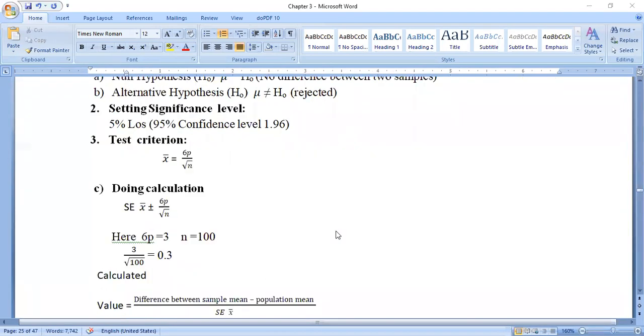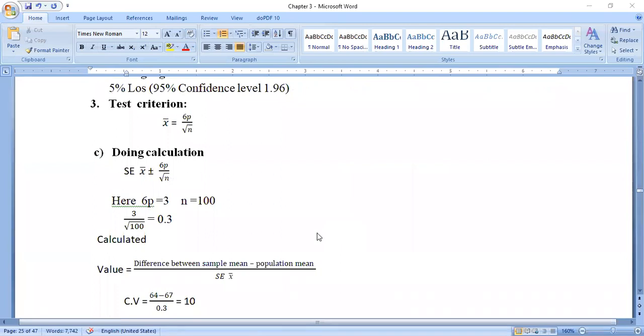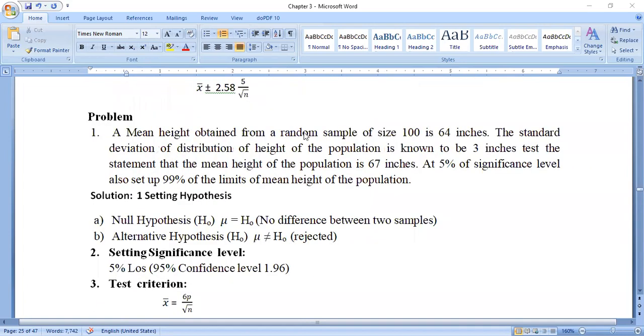Then doing calculation. Observe the formula: standard error of X bar is equal to standard deviation of the population divided by under root N. Observe the point in the given question: the standard deviation of distribution of height of the population is known to be 3 inches.